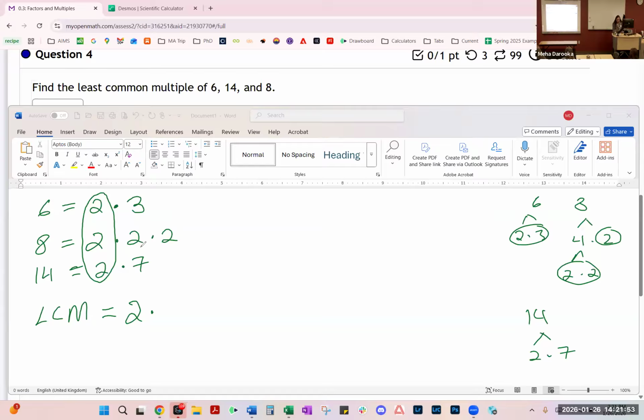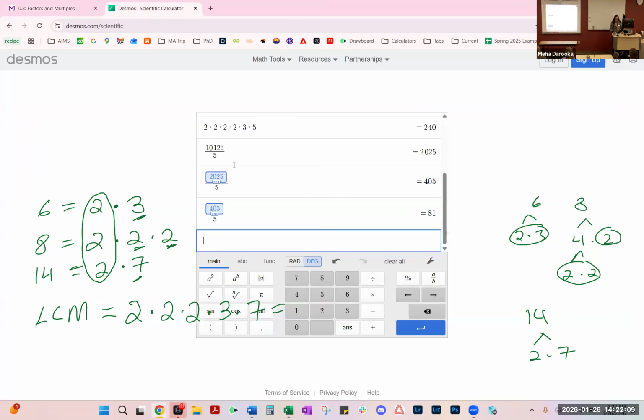So you can see we have 2 of these 2s here, bring them in. You have a 3 here, bring that in. You have a 7 here, bring that in. When you multiply all of these numbers, you get your least common multiple. So that will be 2 times 2 times 2, which is of course 8, times 3, times 7, and it looks like it's going to be 168.